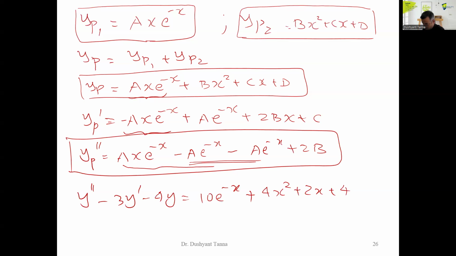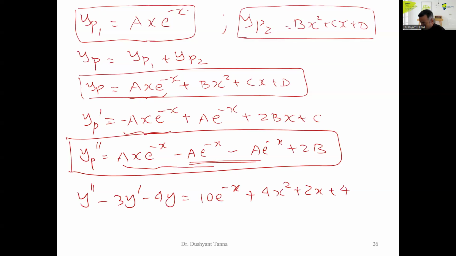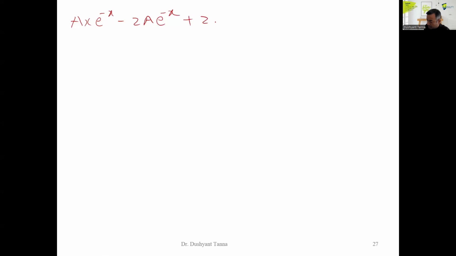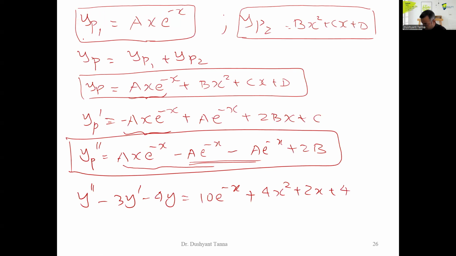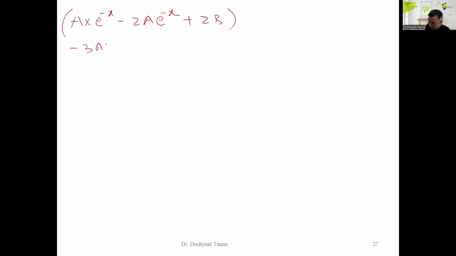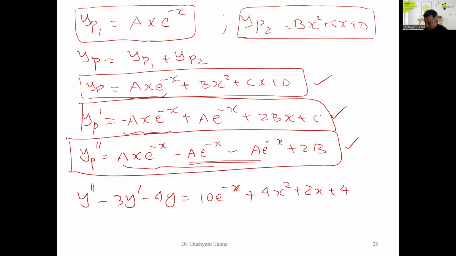Okay, so Ax e raised to minus x minus 2A e raised to minus x plus 2B. This is my y double dash. Minus 3y dash, so I can just multiply this one by 3. This is my YP dash. Okay, so minus 3Ax e power minus x. But if you want minus 3 outside, that's also fine. Leave it outside, if that helps.